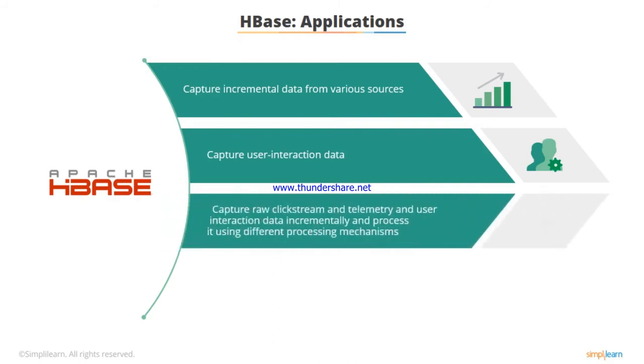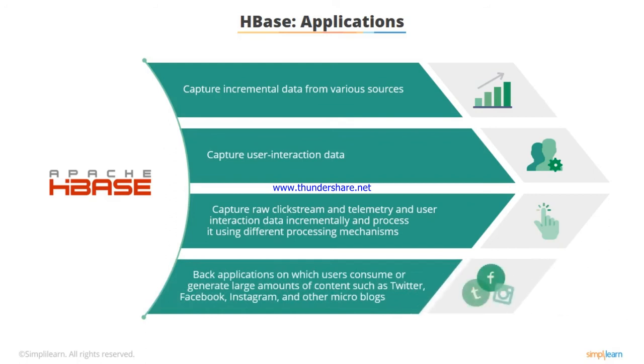It captures raw clickstream and telemetry and user interaction data incrementally and processes it using different processing mechanisms. It also backs applications on which users consume or generate large amounts of content, such as Twitter, Facebook, Instagram, and other microblogs.